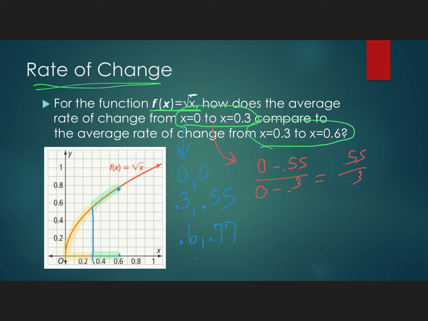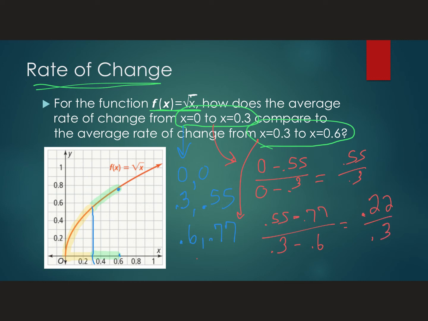And then for the rate from 0.3 to 0.6, I would have 0.55 minus 0.77 over 0.3 minus 0.6. So in this case, I would have something like 0.22 over 0.3.